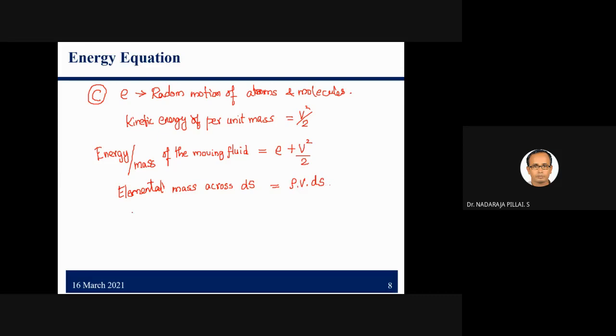So the elemental energy flow across ds is equal to rho V ds into E plus V square by 2.